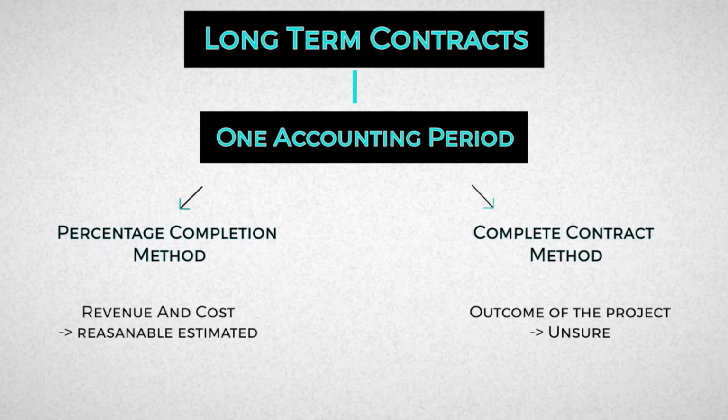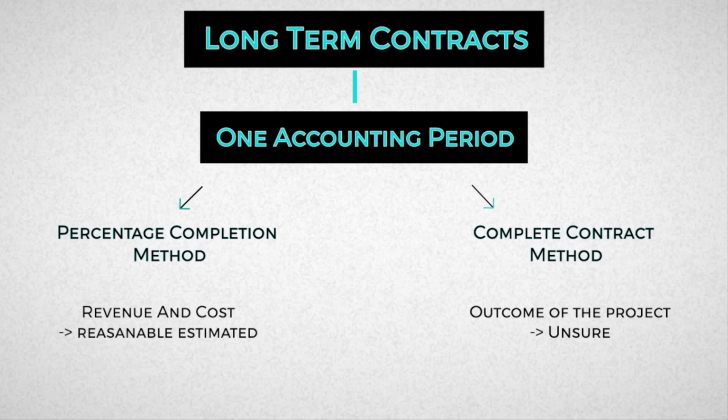Now coming to the working mechanics behind the two, percentage completion essentially means a simple thing. If the project is 25% complete, then recognize 25% of the revenues. And when it is 50% complete, recognize 50% of the revenue. That is the percentage completion method.